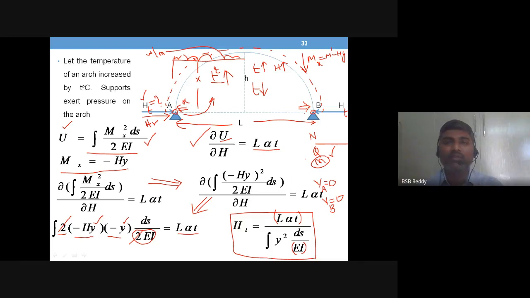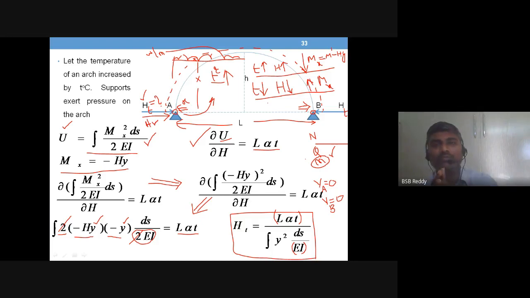A and B will try to move inwards, shrinking, whereas the supports will try to apply force away from A and B. So opposite to H. So because of that, H will reduce. And because of that, Mx is going to increase. Okay. So this is a clear analysis of what happens when temperature is increased and what happens when temperature is decreased.